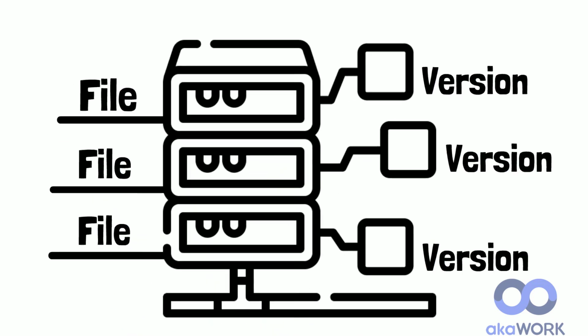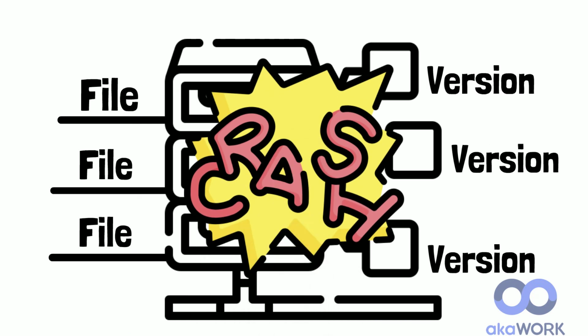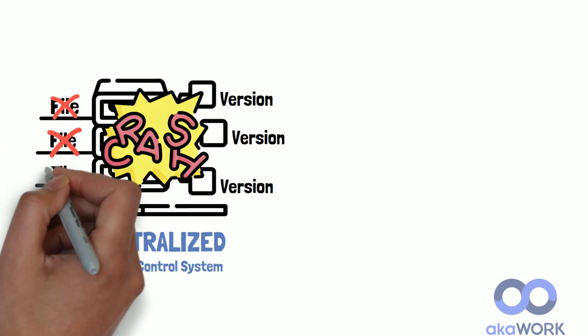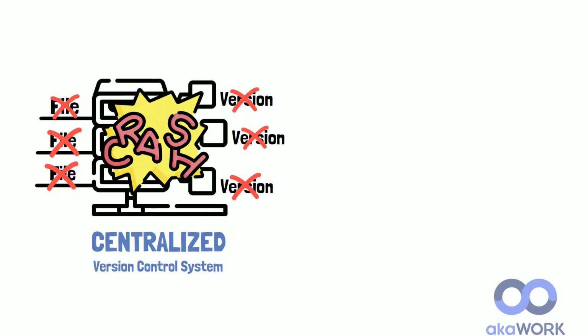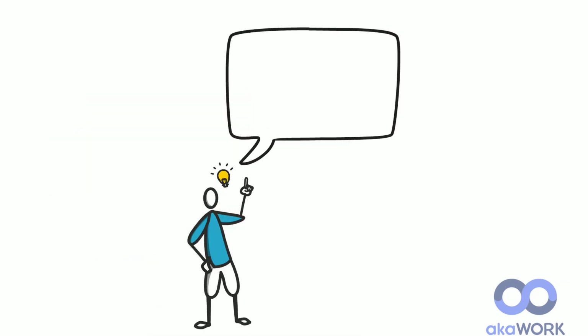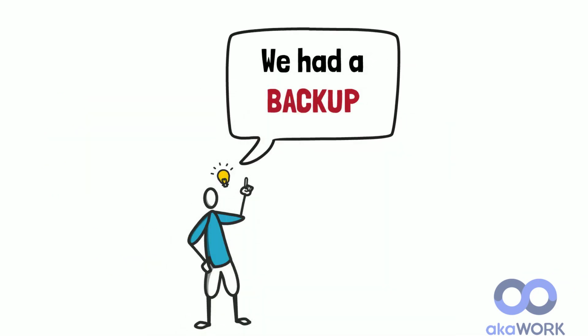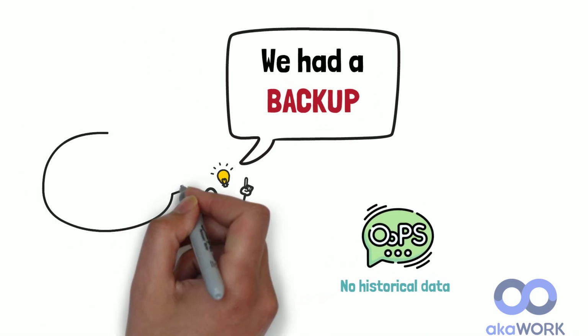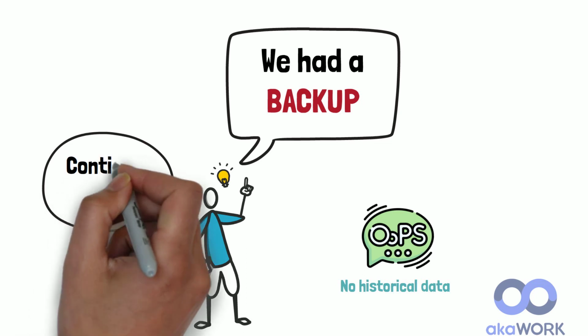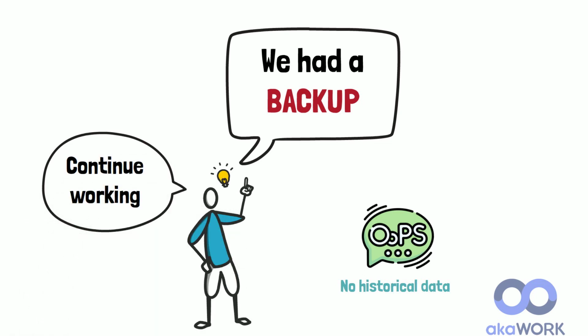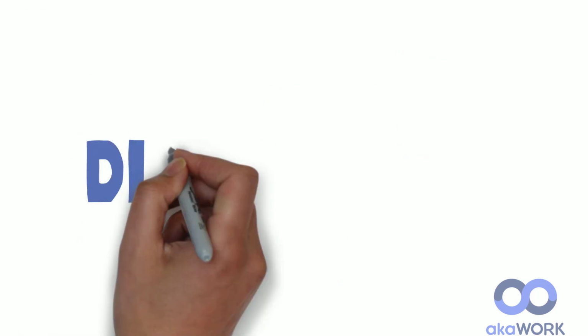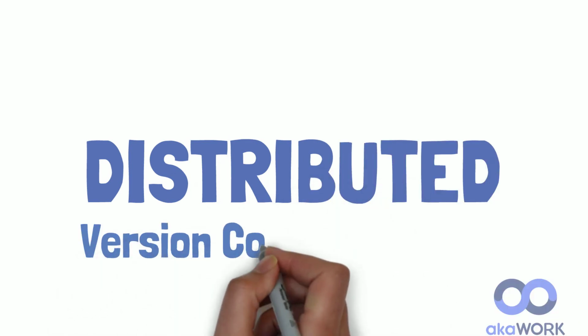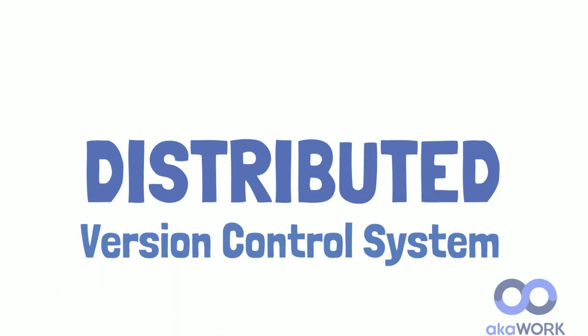There is the big problem that if the server is down, then you will lose all your files and all history. Fortunately, we actually had a backup, but it didn't have all the historical data, so we were able to at least continue working. We just lost a lot of files and it took a while to get back into place.